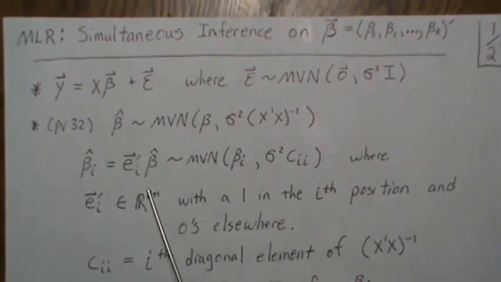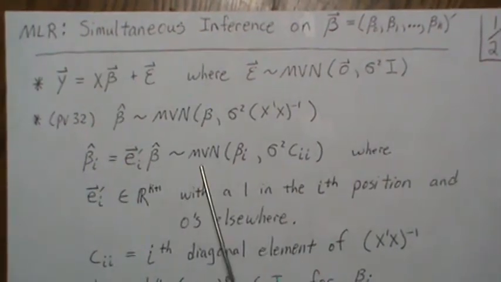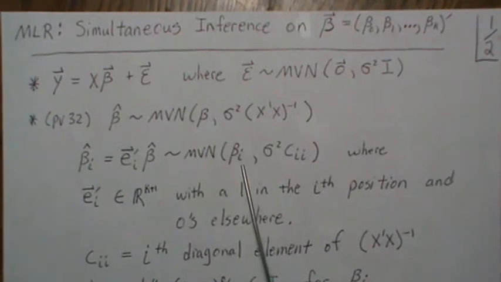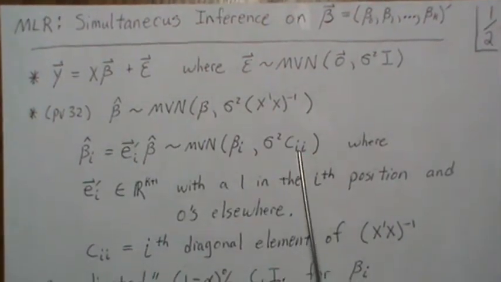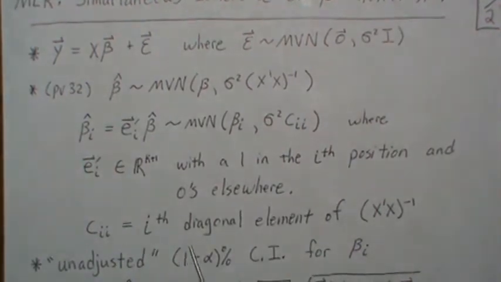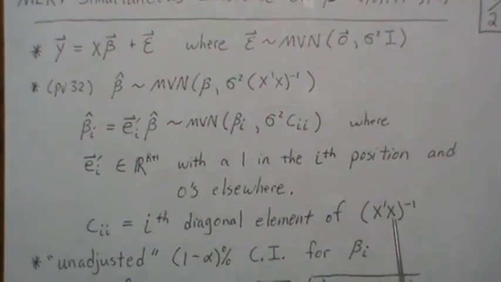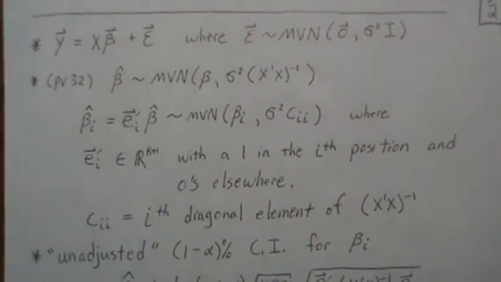So when you multiply these together, it cancels out everything but the ith beta. And it was multivariate normal with mean beta_i, so it's unbiased, and it had a variance of sigma squared c_ii, where c_ii is the ith diagonal element of this, X transpose X inverse. And again, previous video 32 in this playlist.